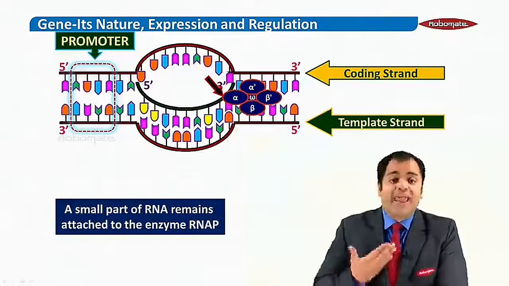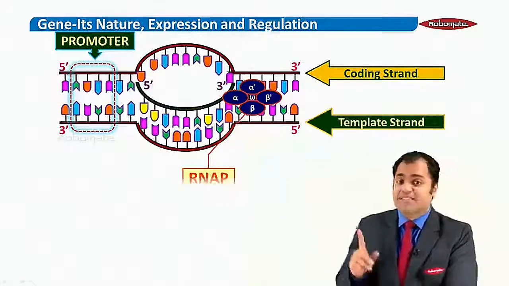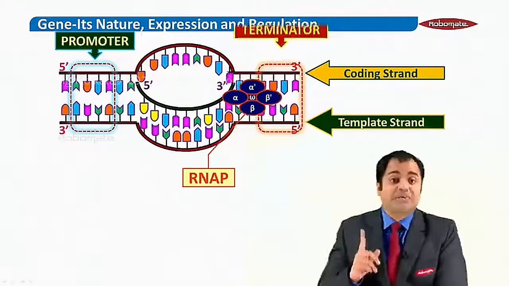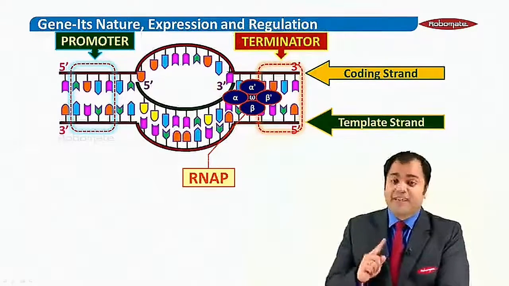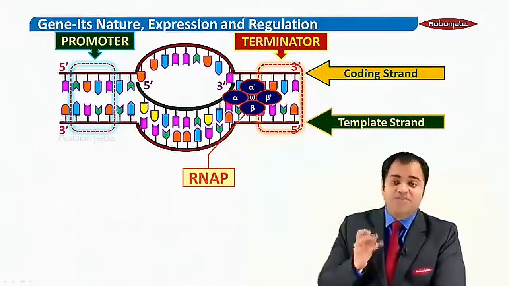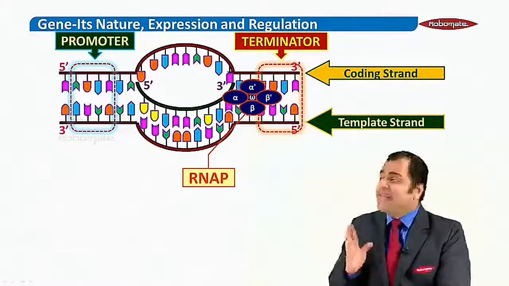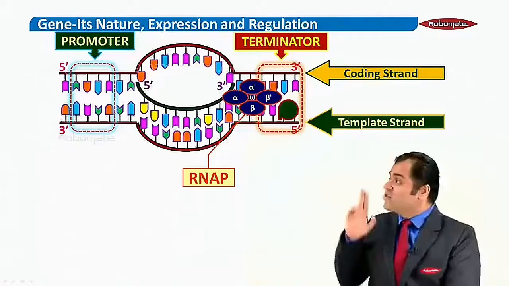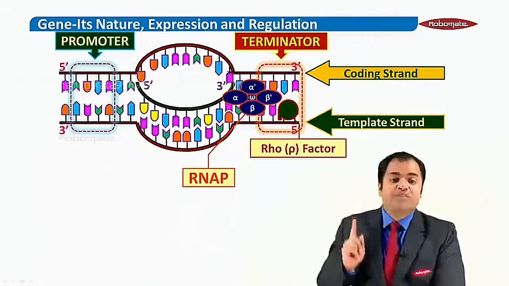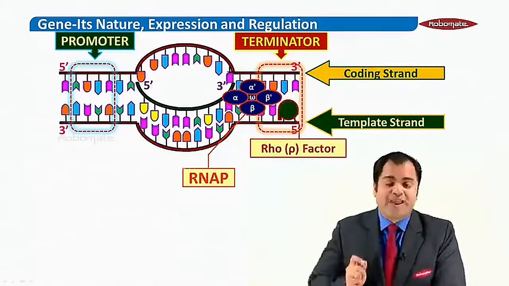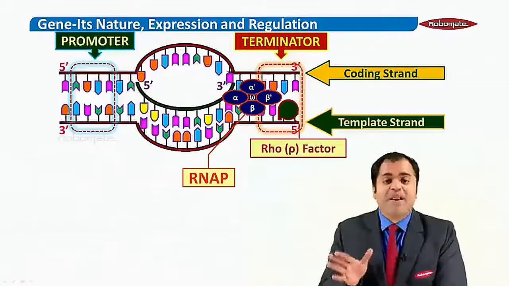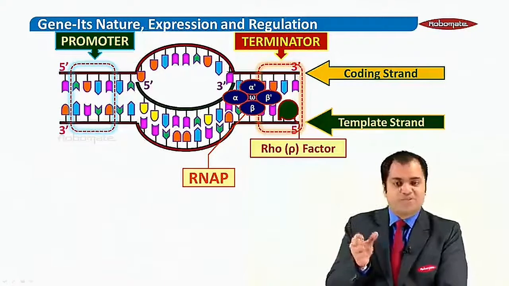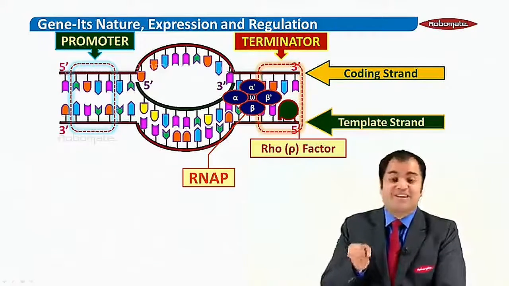Now as the enzyme moves towards this other region, which is called the terminator, see carefully, it is on the 3' downstream area. It encounters another protein which is called the Rho factor. So what you see up here is the Rho factor. Now when the enzyme RNAP encounters the Rho factor, the process comes to a halt, or the process terminates.